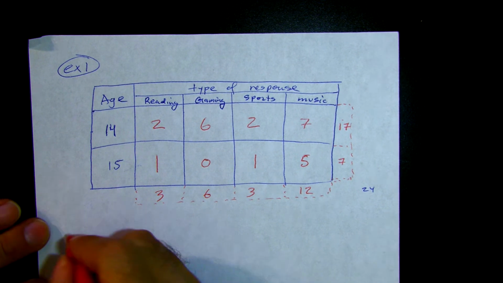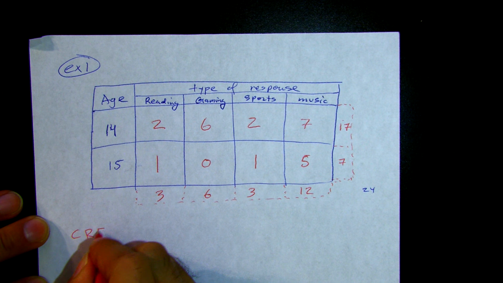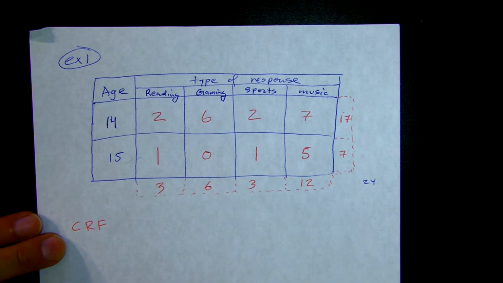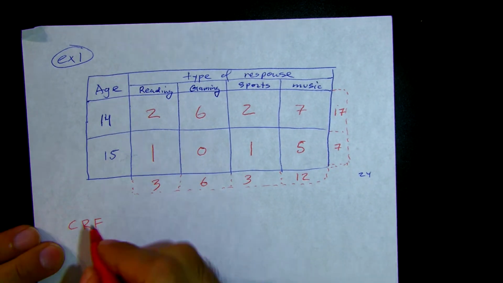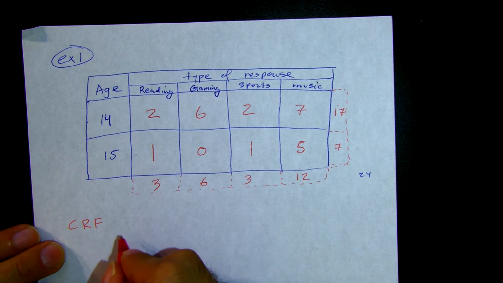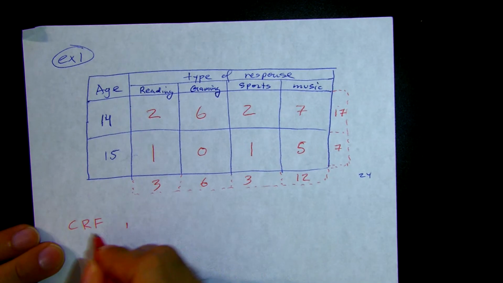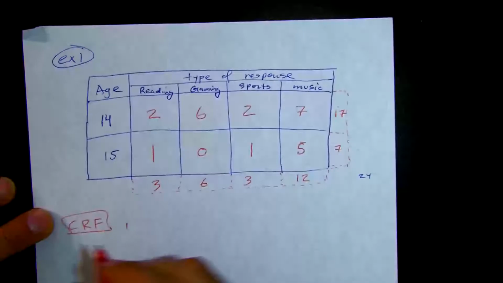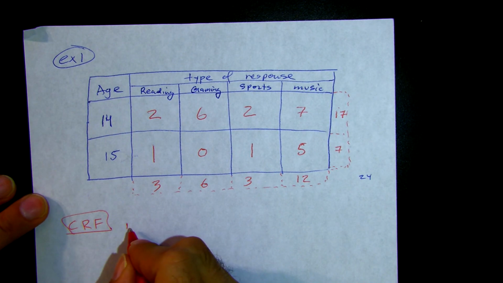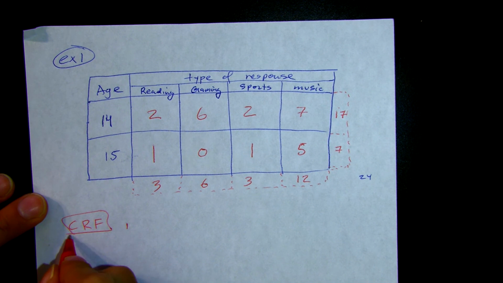Okay. So now we're going to find the conditional, the CRF. We have to find the CRF, right? For conditional frequencies relative to the total number of people surveyed. So we're going to find the CRF for, let's do it for, this is going to be for reading. Let's do it this way.